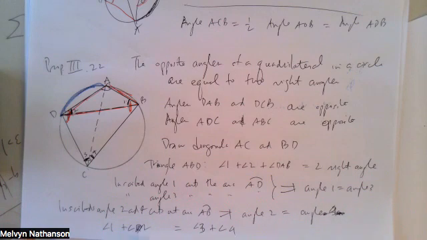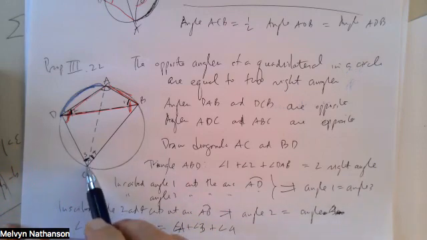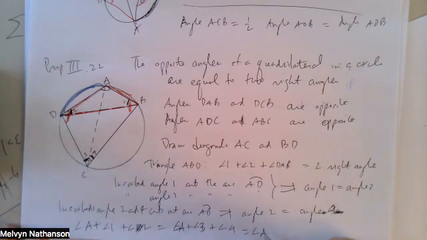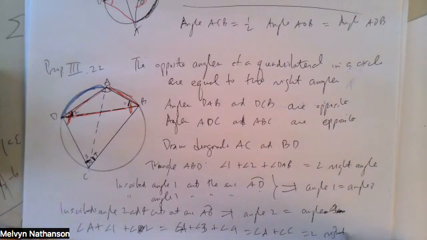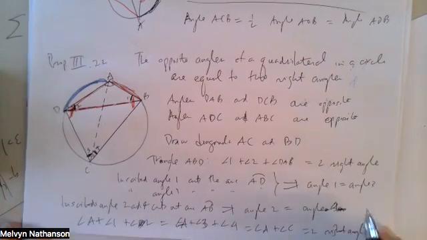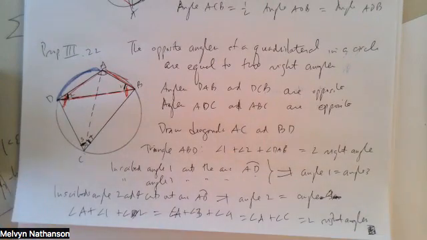If 1 equals 3 and 2 equals 4, then angle 1 plus angle 2 equals angle 3 plus angle 4. And if I add angle A to that, that's equal to this plus angle A. But angle 3 and 4 add up to angle C. And angle A plus angle 1 plus angle 2 equals 2 right angles, which is our proof.